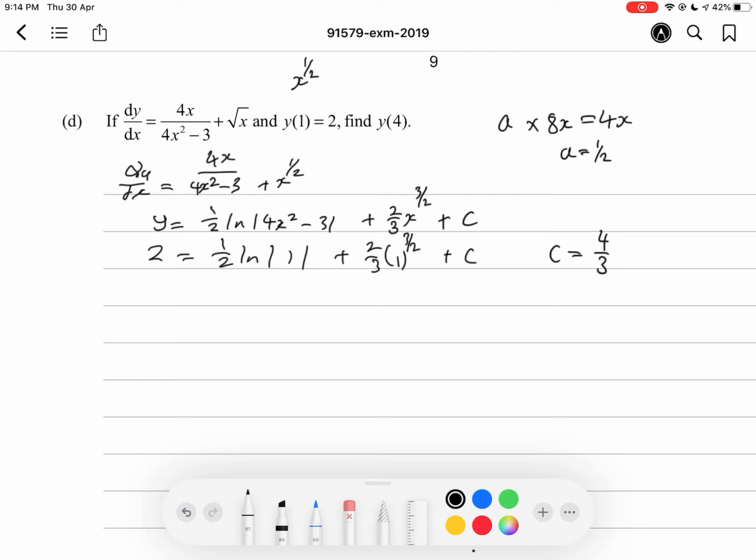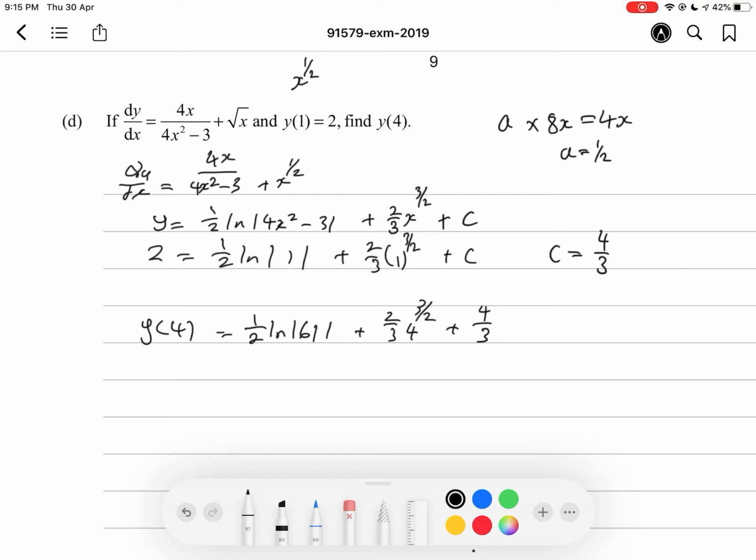So now we want to find y of 4. So y of 4 equals 1/2 of ln of 4 squared is 16, 16 times 4 is 64, so ln of 61, plus 2 over 3, 4 to the power of 3 over 2, plus 4 over 3.